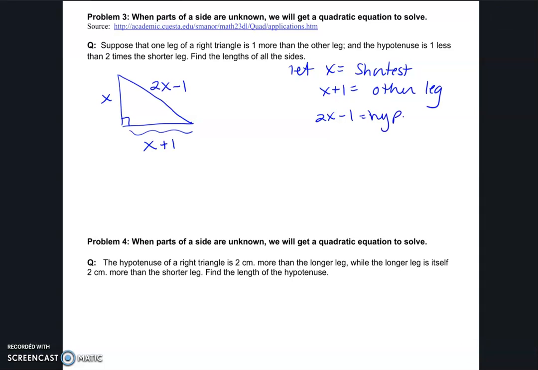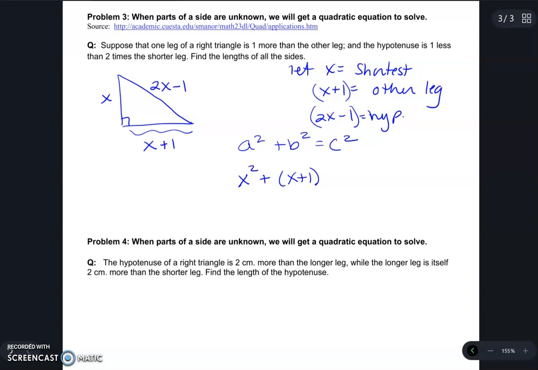Again, we're going to pop into a squared plus b squared equals c squared. It's really important that you put parentheses around these expressions when you put them in. It doesn't matter which one you call a or b, but I'm going to call the short leg a, so that's just going in as x, plus b is x plus 1. Remember, I have to put the squares on there. And my c is 2x minus 1, and that is also squared.